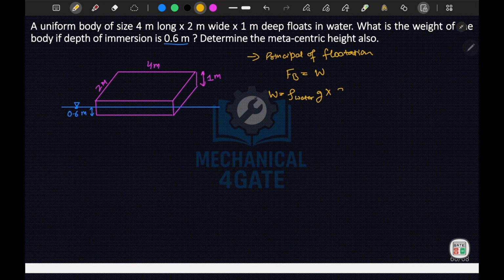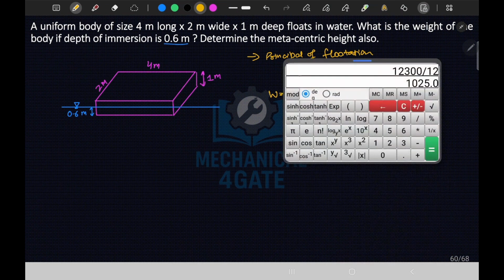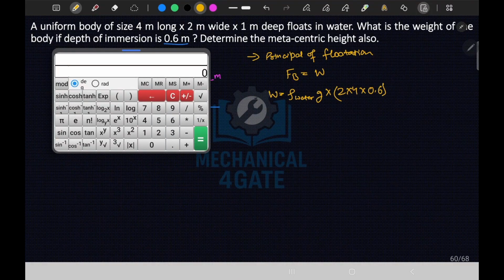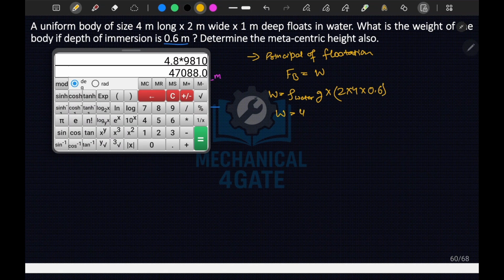Volume is 2 meter by 4 meter into 0.6. Substituting values, 2 into 4 is 8 times 0.6 is 4.8 times 9810 for water. So the weight of the body is equal to 47,088 newtons. This is the weight of the body.